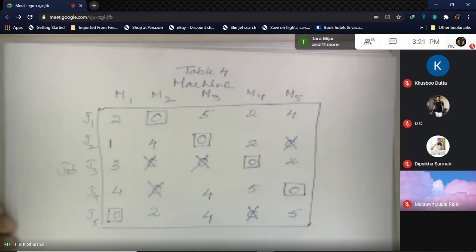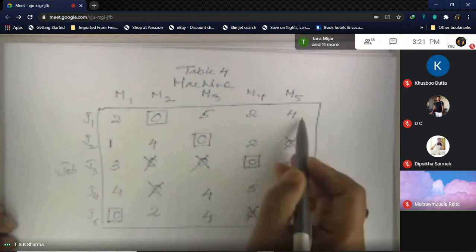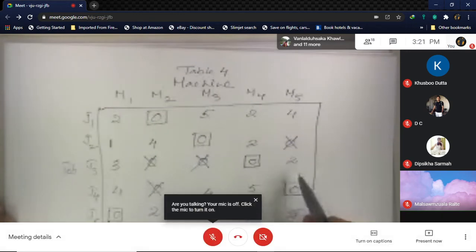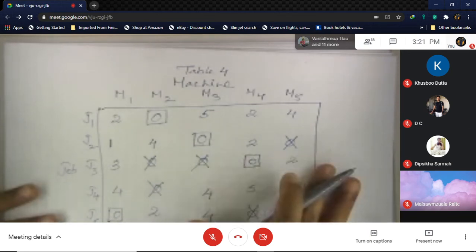The first row has assignment, second row has assignment, the third row has assignment, the fourth row also has assignment, and the fifth row also has assignment. That means I don't have to do any more drawing of lines out here.